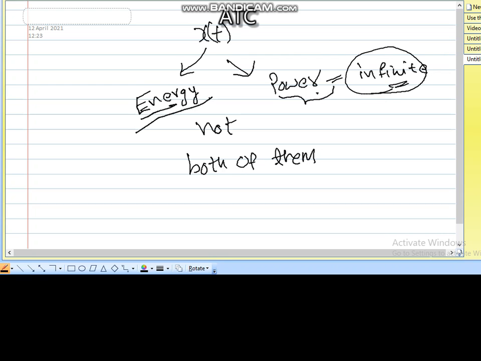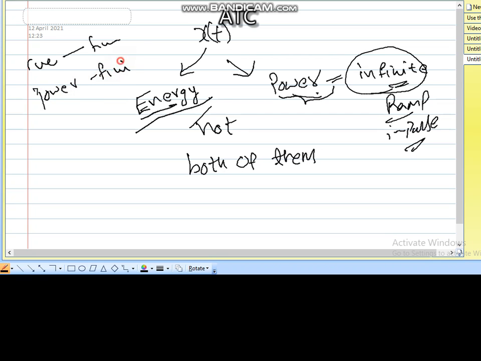Those types of signals are, for example, ramp signals and impulse signals. These belong to neither energy nor power. So simple: an energy signal has finite energy, and a power signal has finite power.